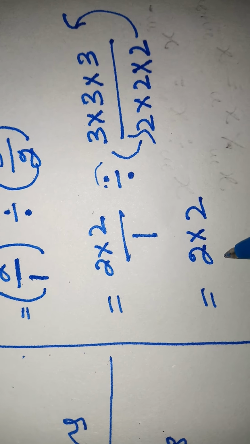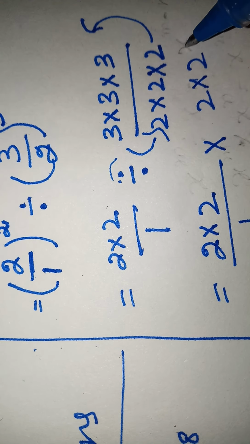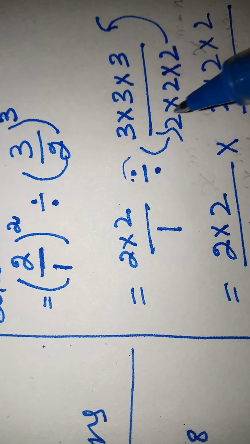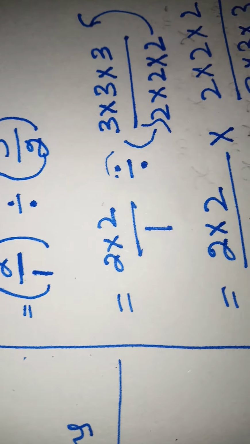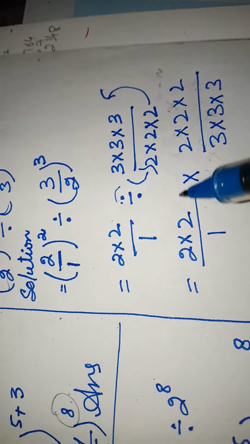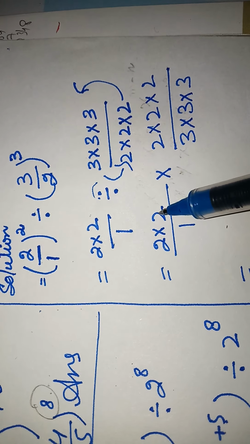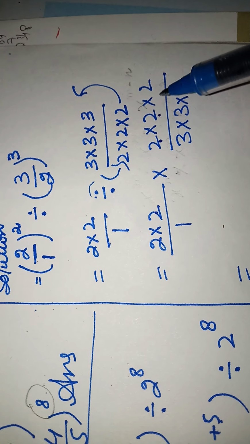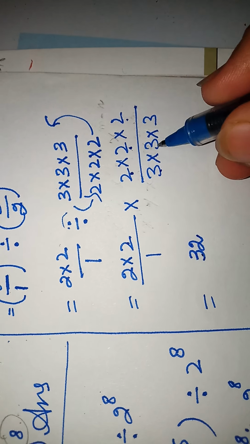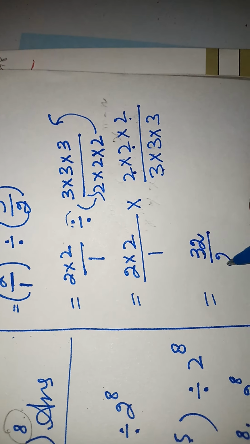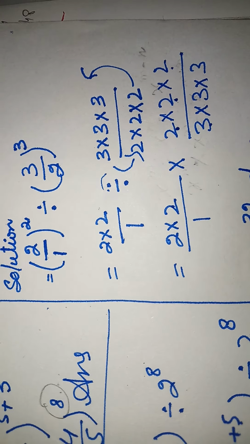Here is 2 multiplied by 2, so it will become 2 by 2 by 2, 3 multiplied by 3 multiplied by 3. Now from cross multiplication nothing could be cancelled now, so 2 2s are 4, 2s are 8, 8 2s are 16, 2s are 32, 3 3s are 9, 9 3s are 27, and that is the answer.